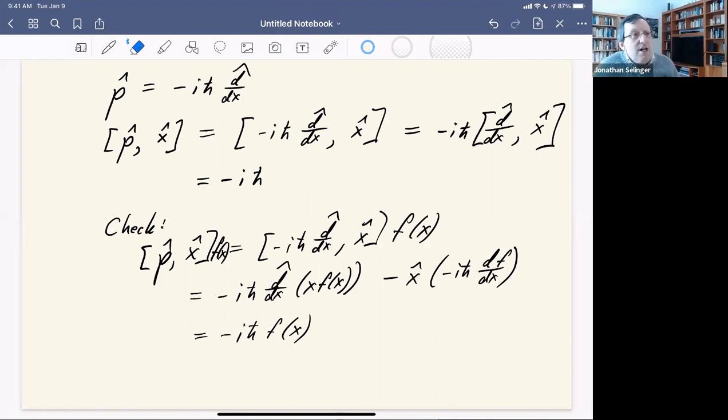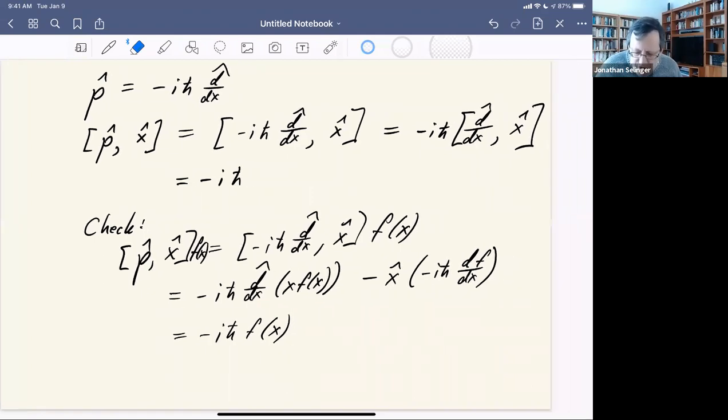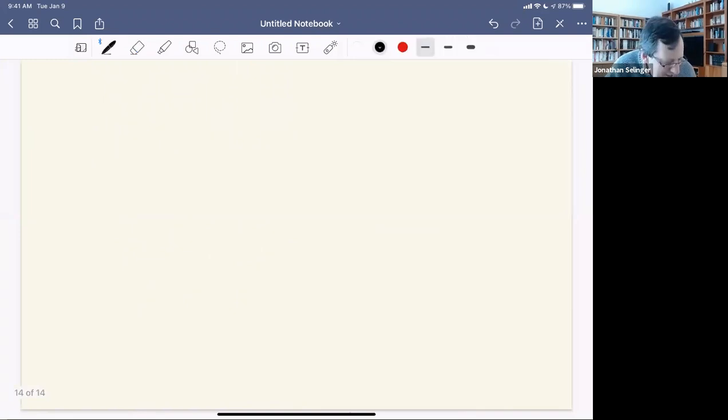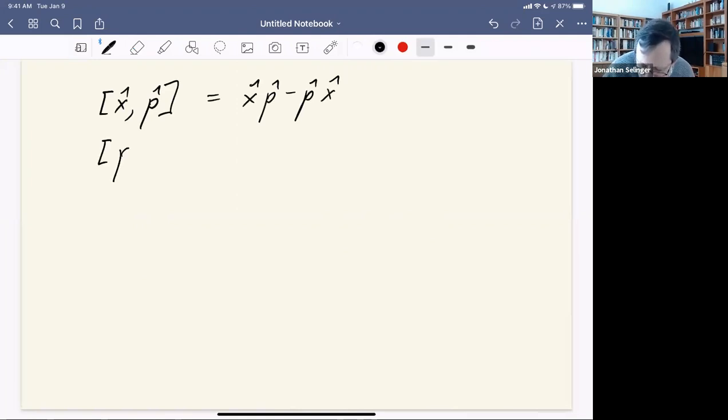Okay, so this is a commutator of momentum with position. What if we write it the other way? What if we say the commutator of position with momentum? Well, the commutator going one way is xp minus px. The commutator going the other way is px minus xp.